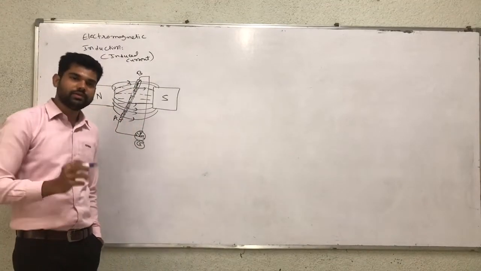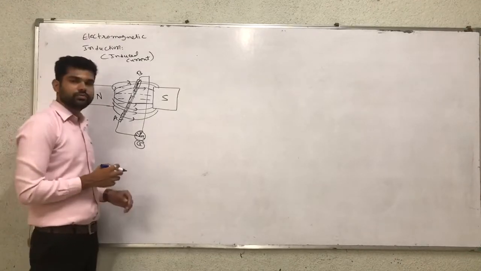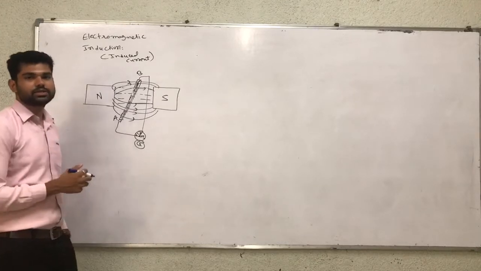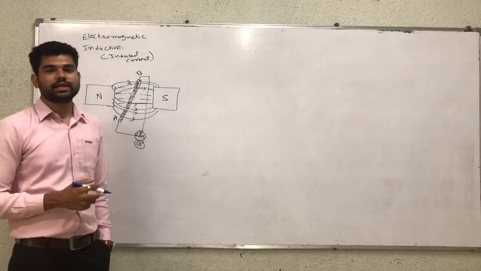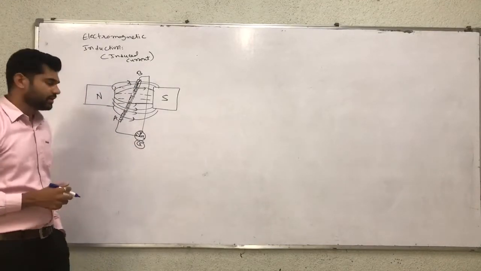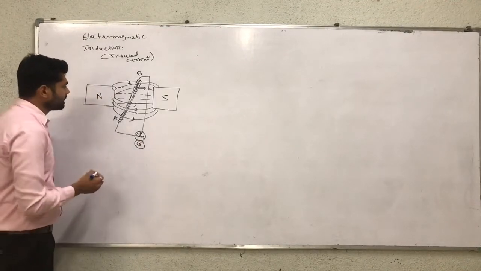A minor current will be produced, so it is measured in this instrument, which is called a galvanometer. It measures the presence of electric current, and how much electric current is produced. If the galvanometer is connected, the presence of electric current is measured.